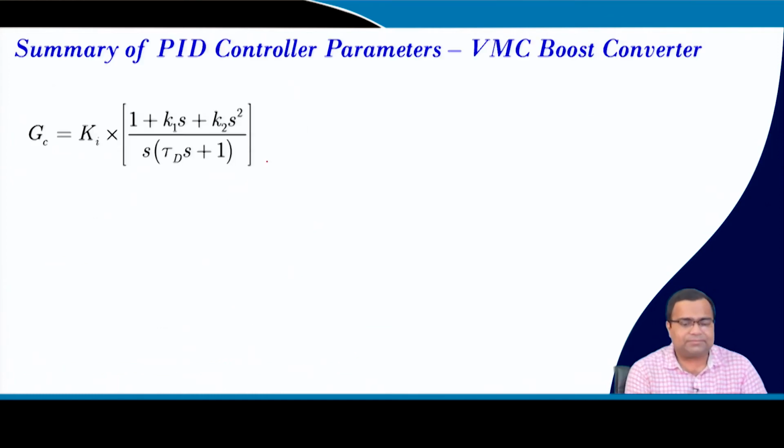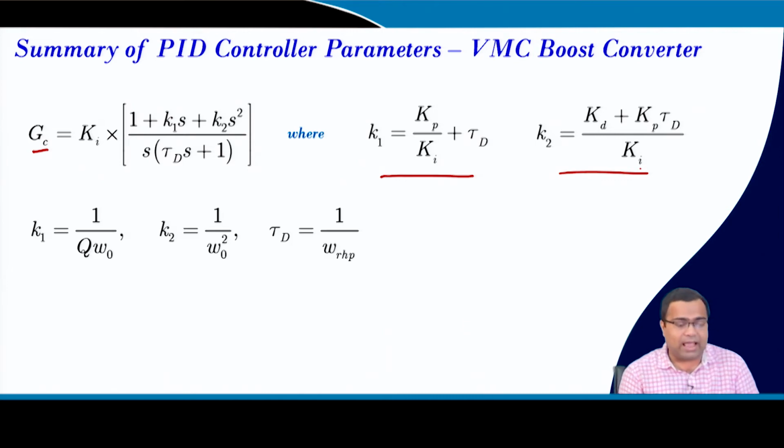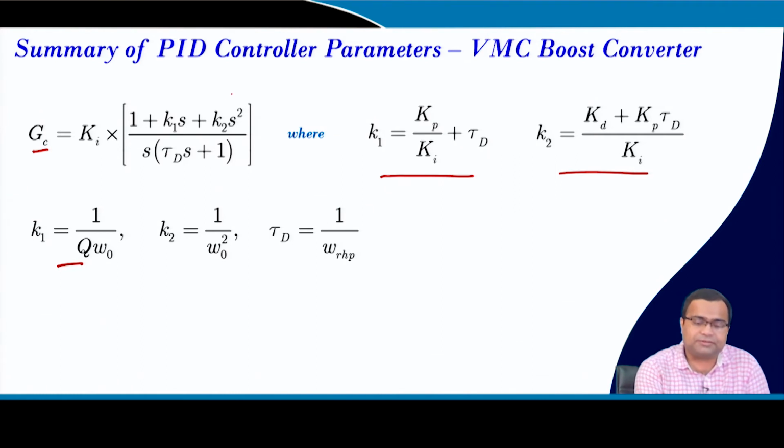Now, in summary, we have a controller which is a practical PID controller, and its structure looks like this, and we can set this PID controller's parameters because we have discussed the analytical method of design by means of stable pole zero cancellation, and we have cancelled the stable poles by means of the zeros of this PID controller.